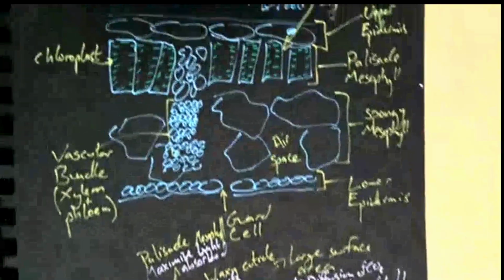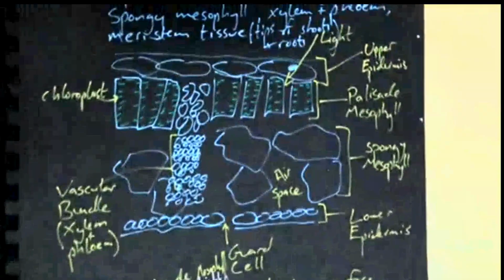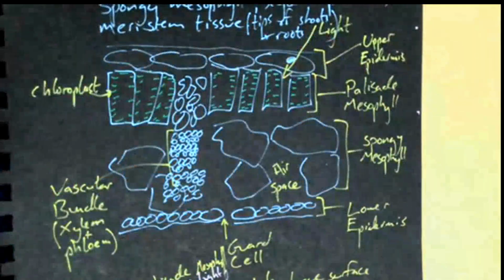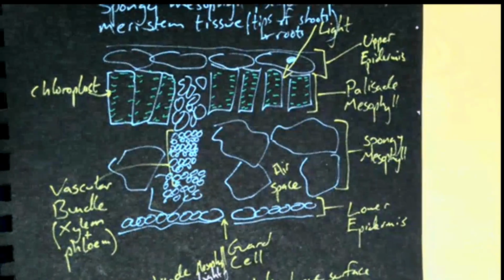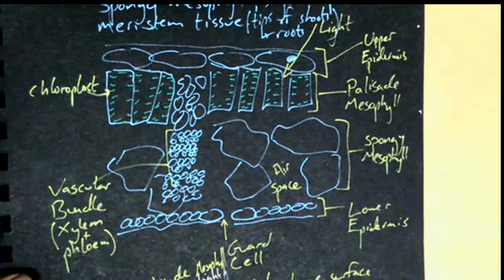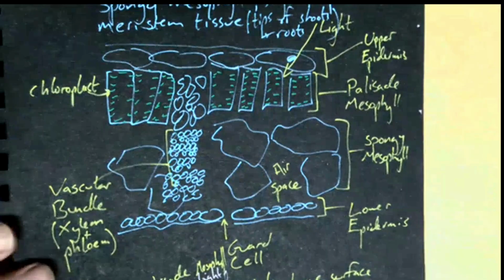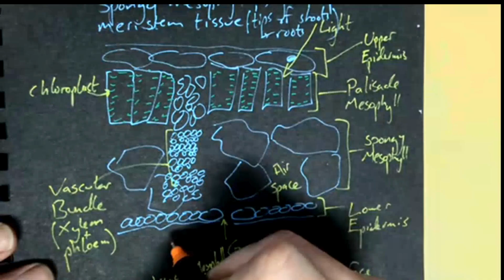Okay, if we just pop back to our diagram for a second. So we've got our adaptations of our leaf. We've got the structures of the leaf, and we've been able to label our tissues. Now, we've talked a lot about how these adaptations allow for CO2 diffusion, so I just thought we'd clarify that.